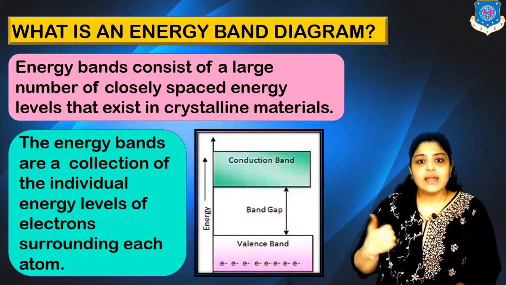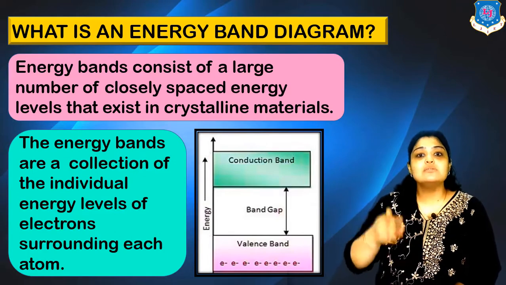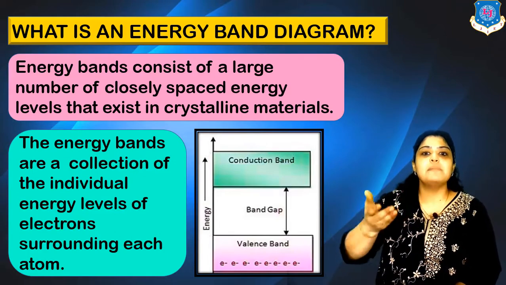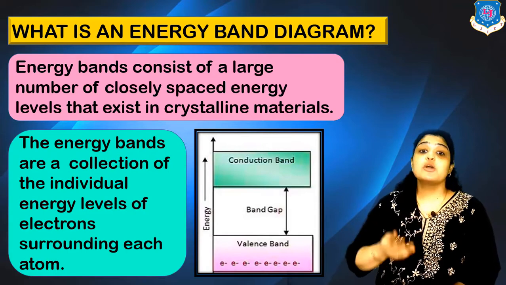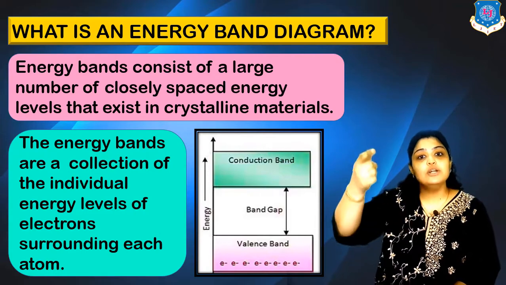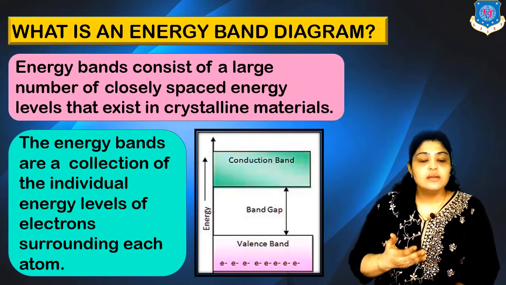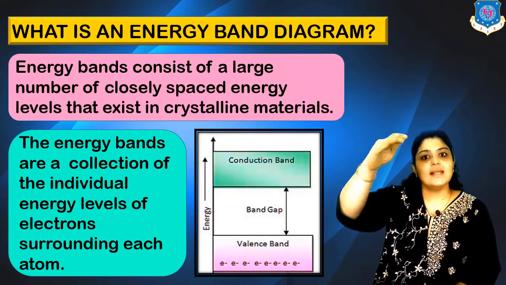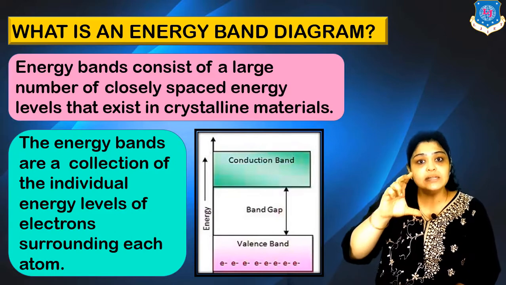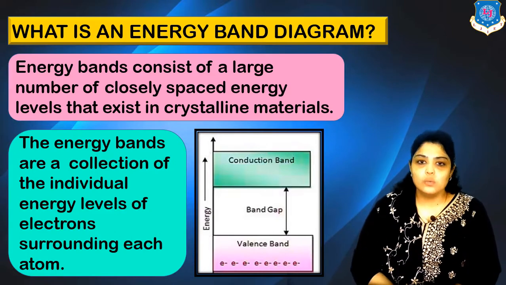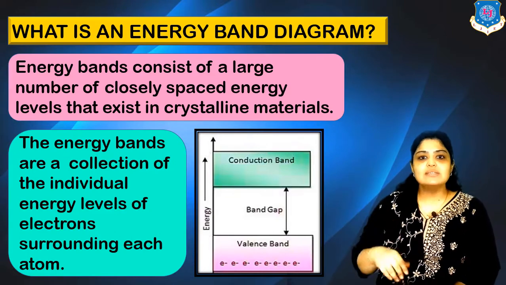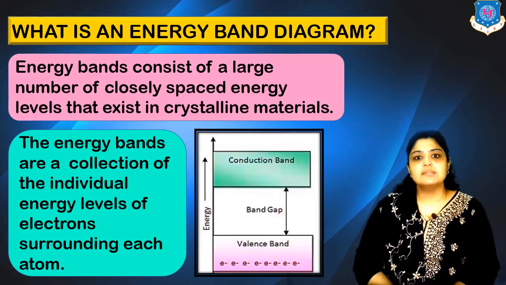And according to the diagram, you can also say that valence is always at a lower energy level as compared to conduction. Why? Because if I want my electron to move into conduction, definitely I would have to give energy, right? So conduction is the highest level, then you have forbidden in between, and then you have the valence band. So this was just a brief about energy bands.